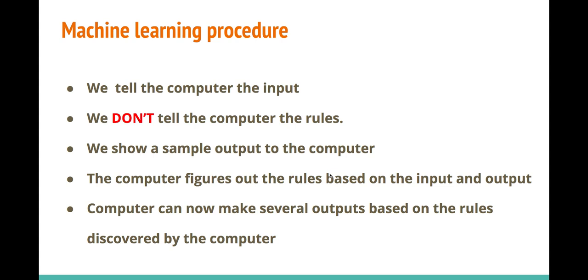Based on the sample output and the input that we give, the computer now figures out the rules on how the output was brought about. If we look at this last bullet here, the computer now can make several outputs based on the rules discovered by the computer.